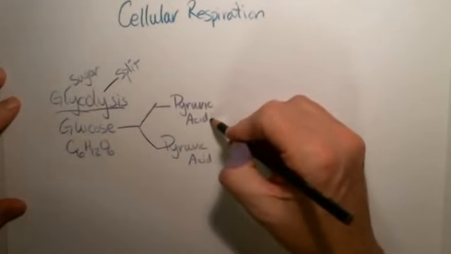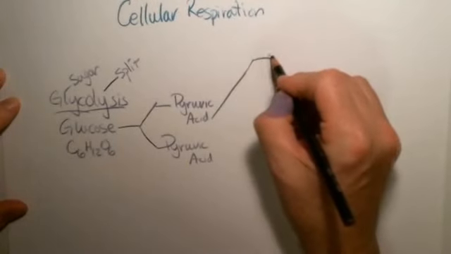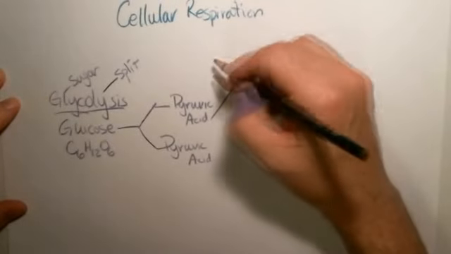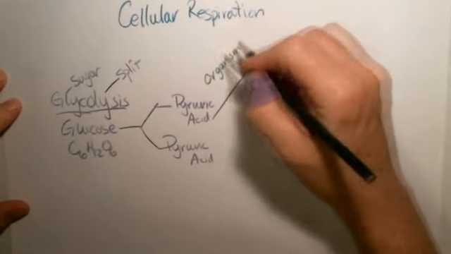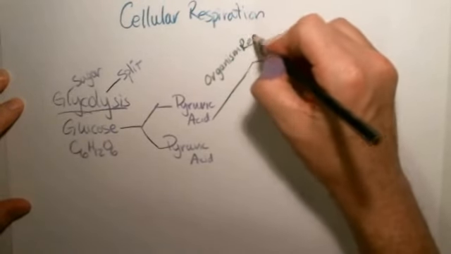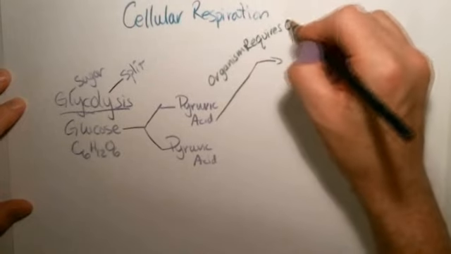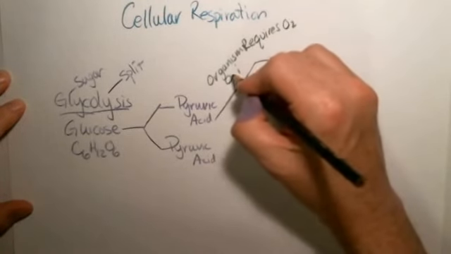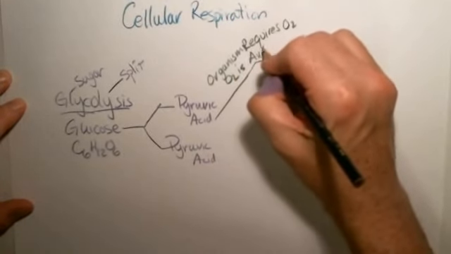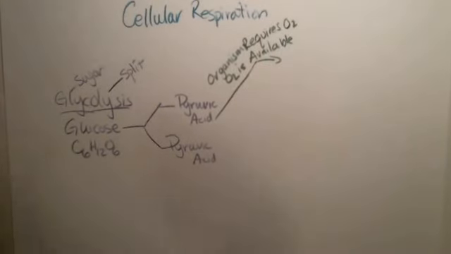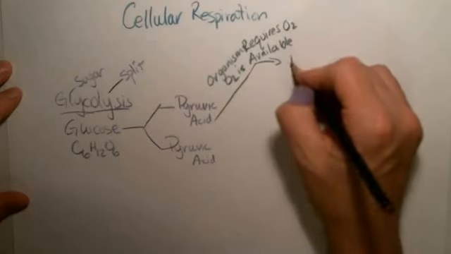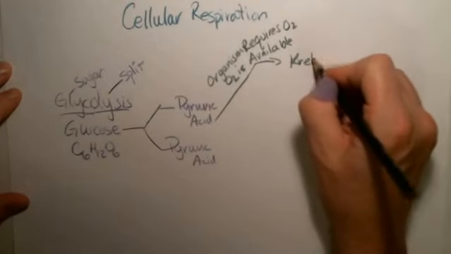Now, if you're an organism that requires oxygen, and oxygen is available, then this pyruvic acid will go into the mitochondria into a process called the Krebs cycle.